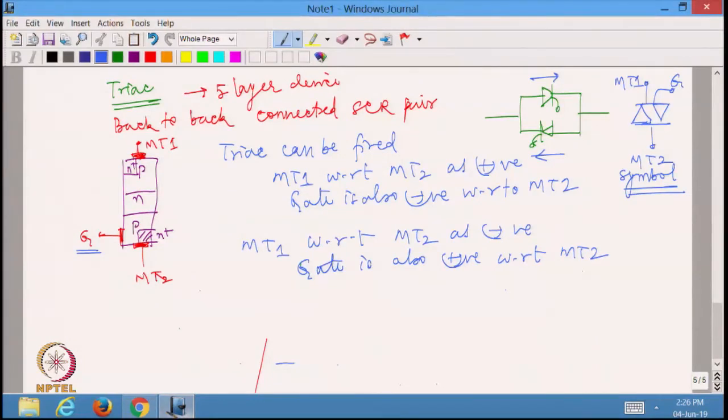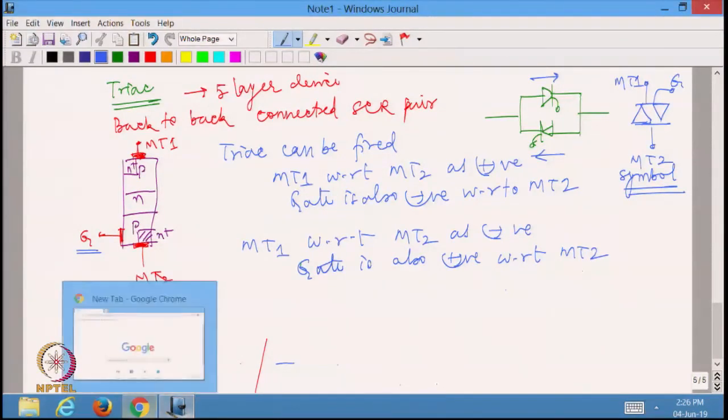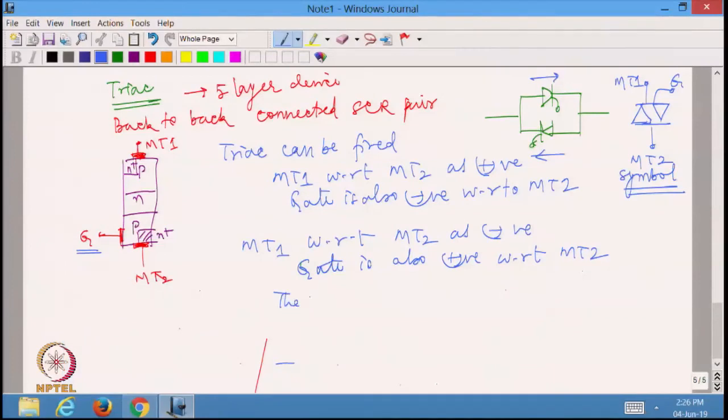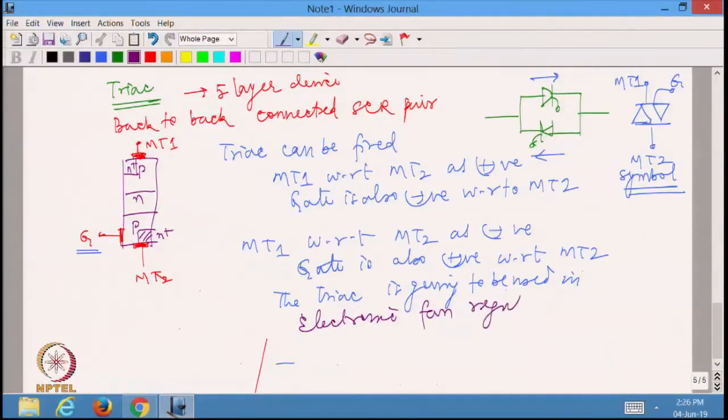So, we are going to see that normally the TRIAC is going to be used in, you must have seen fan regulators, electronic fan regulators. So, in that TRIAC is very commonly used.